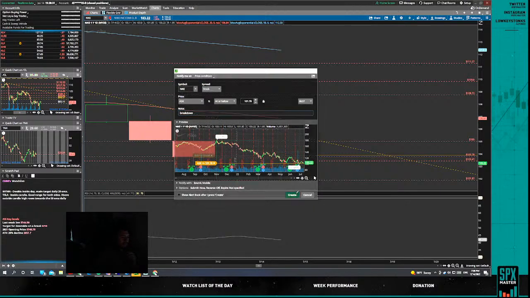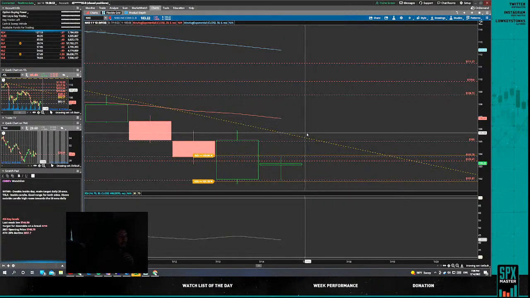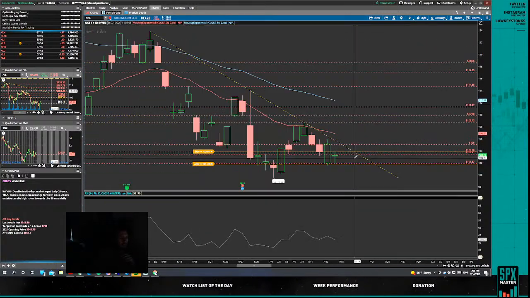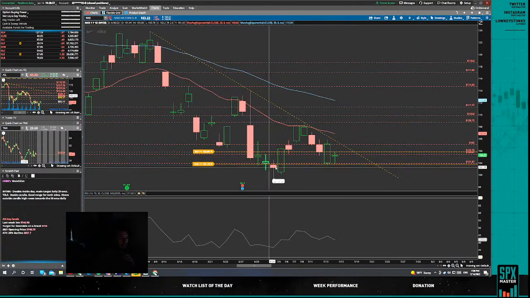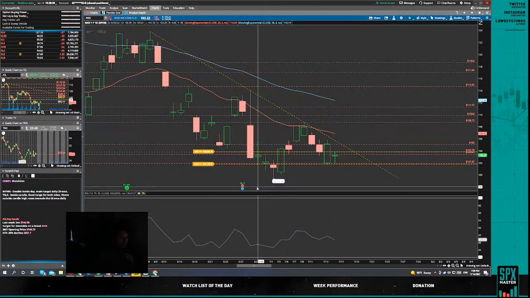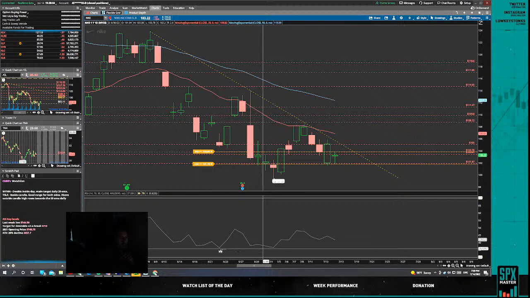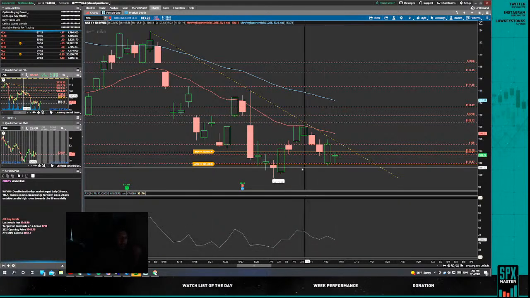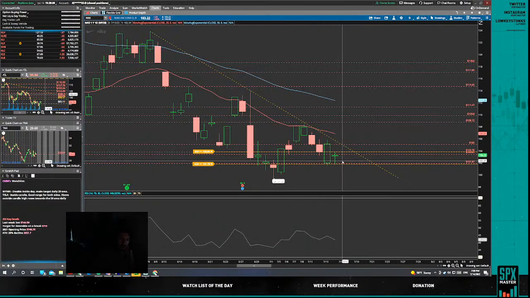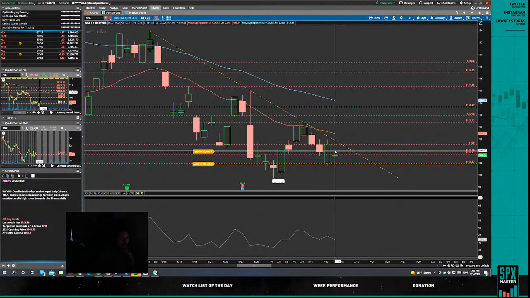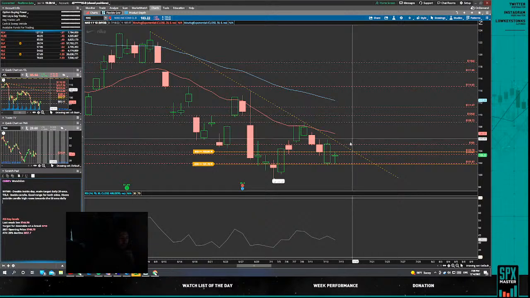breakdown. Boom, right here. So on this name, like I said, there's a hidden divergence on the daily RSI as it was coming down. The RSI was holding up nicely right here. And if this ends up holding right here and we have a break of this inside candle to the upside, this is basically a higher low.